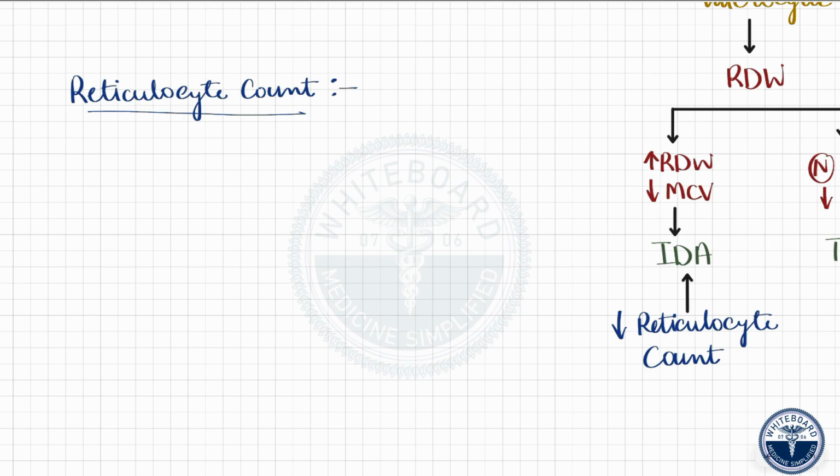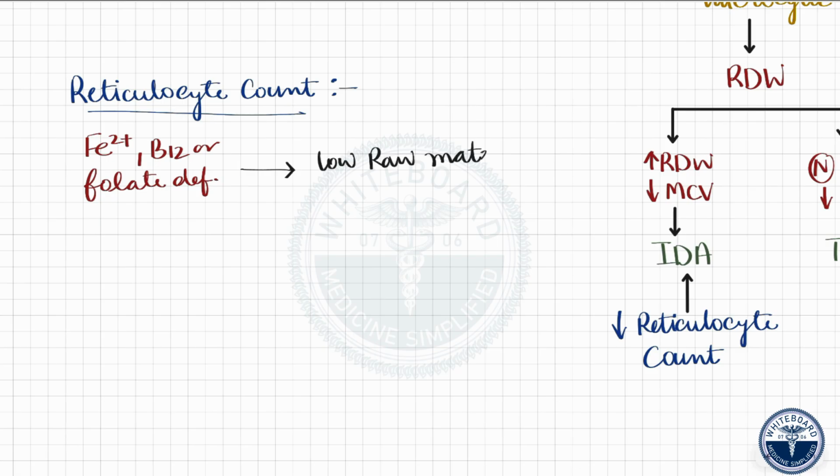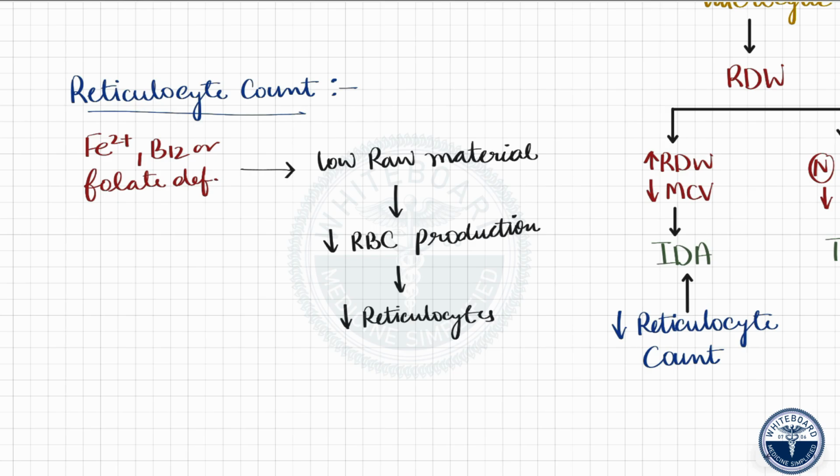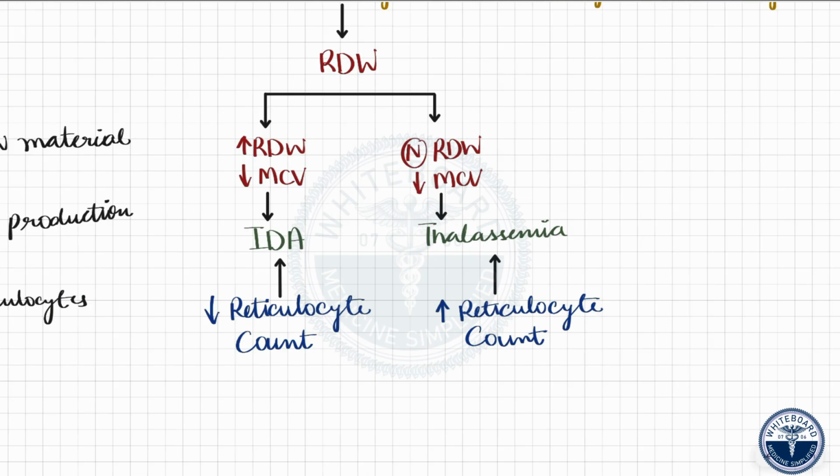The reticulocyte count reflects how active the bone marrow is in producing new red blood cells, as in iron, B12, or folate deficiency, the raw materials required to produce new cells are lacking. As a result, effective red cell production decreases, leading to a reduced number of reticulocytes in the blood. This is why nutritional deficiencies are typically associated with a low reticulocyte count.